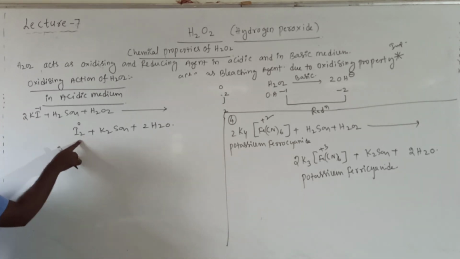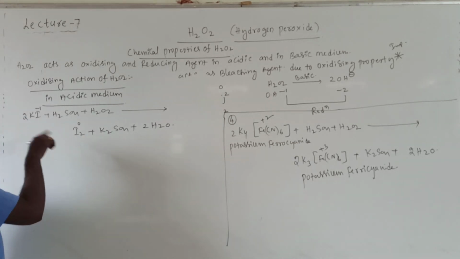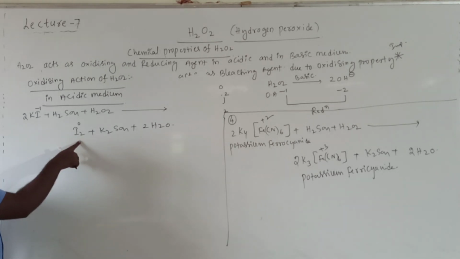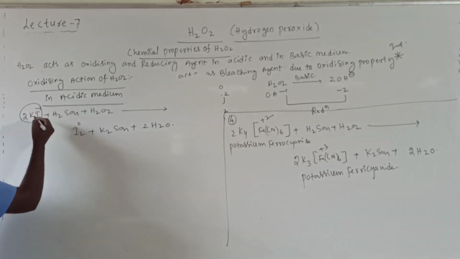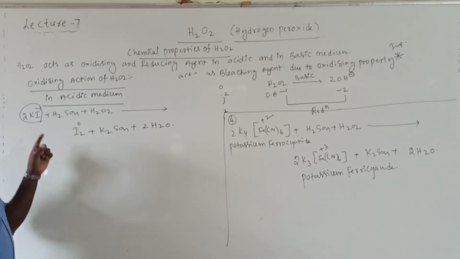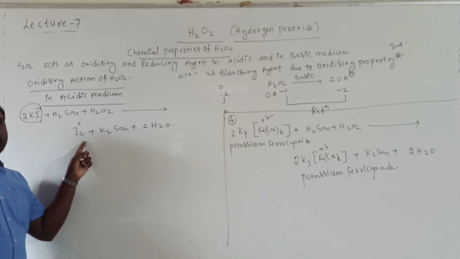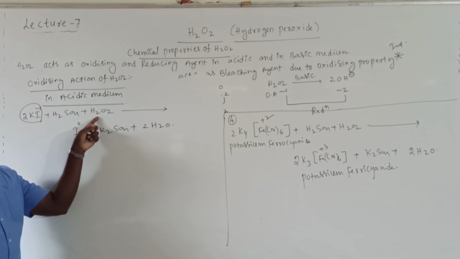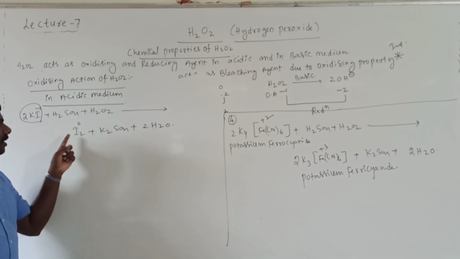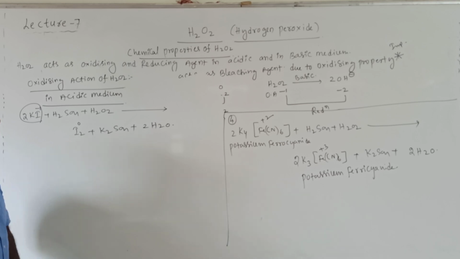Minus 1 to 0, sorry, minus 1 to 0 is an increase, it is oxidized. Oxidation. It means KI is oxidized to I2 by H2O2. H2O2 is the oxidizing agent. It oxidizes KI to I2. Right? Next.